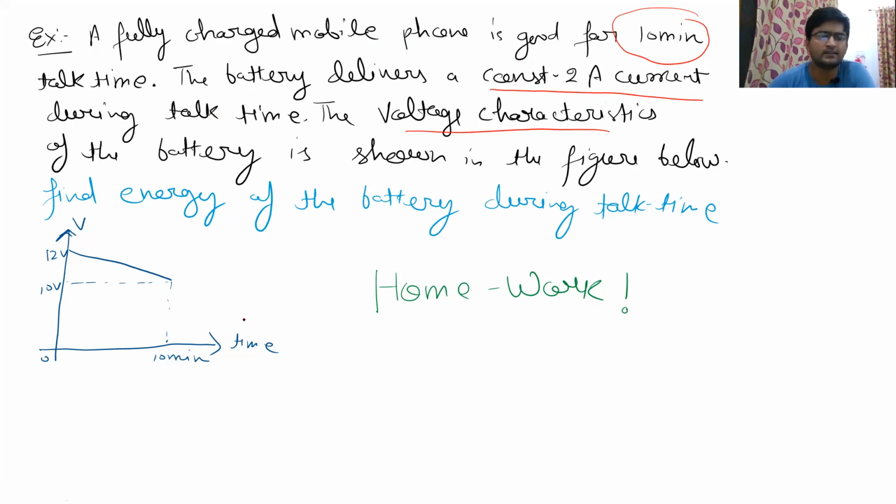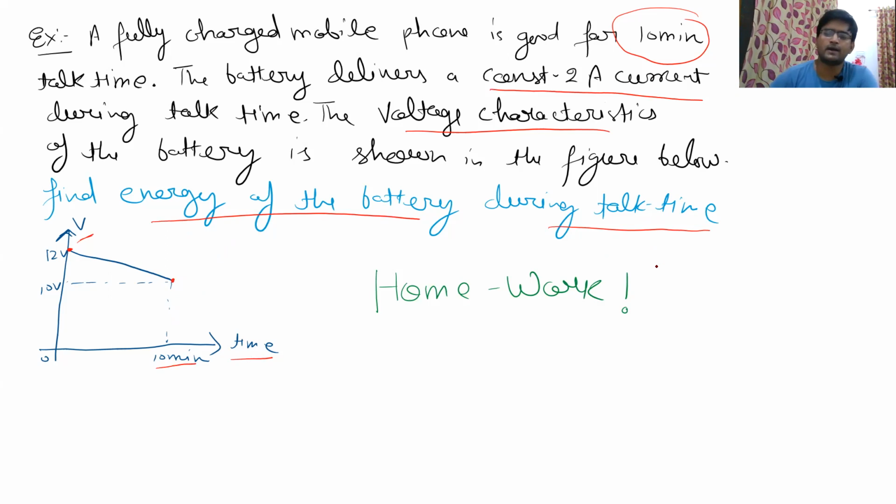Here you can see that this is the time scale and this is the voltage scale, and the voltage output of the battery of this phone drops from 12 volt to 10 volt during this talk time period of 10 minutes. You have to find the total energy of the battery during the talk time.